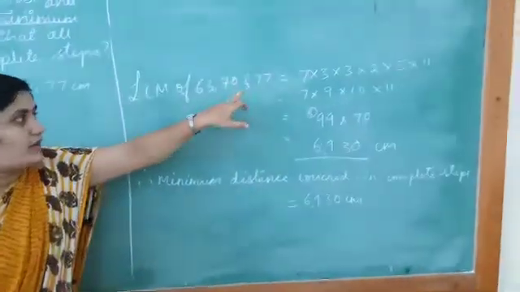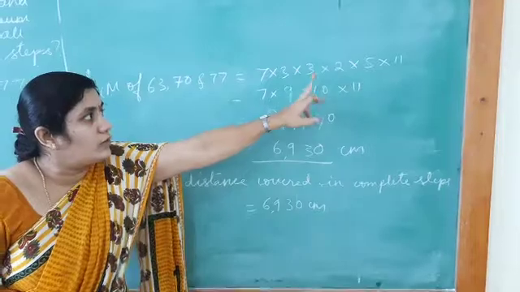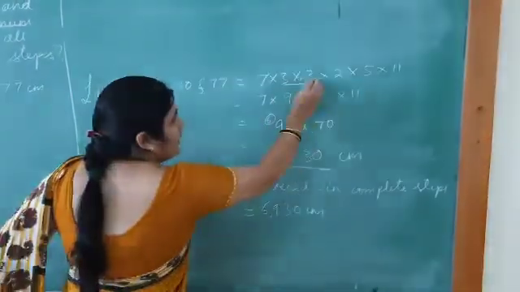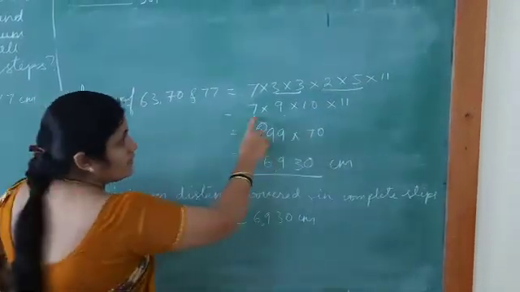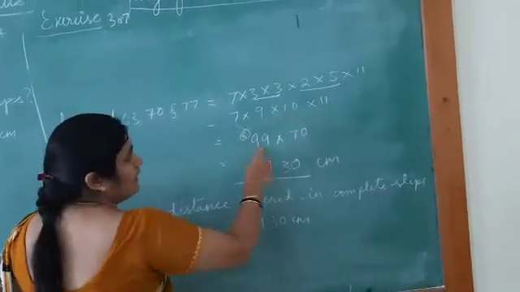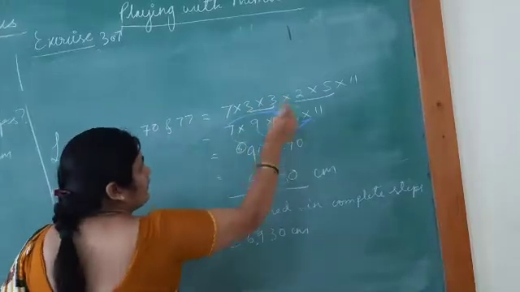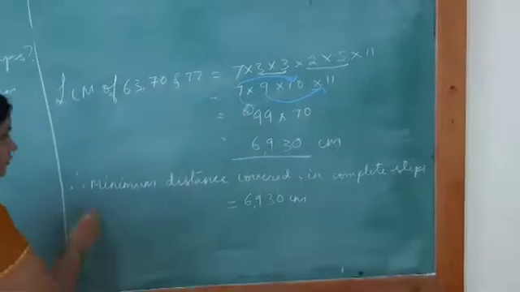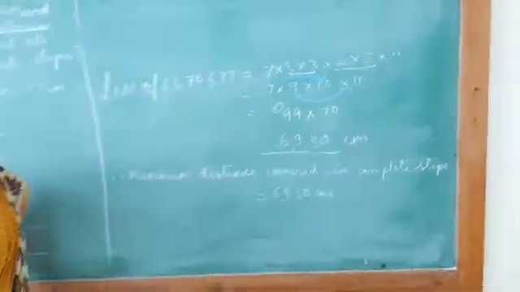LCM of 63, 70 and 77 is the product of all the prime factors: 7 into 3 into 3 into 2 into 5 into 11. 3 into 3 is 9, 2 into 5 is 10. Then you can see 7, which is easier, you can multiply those. 9 into 11 is 99, 7 into 10 is 70, 99 into 70 is 6930 centimeter. Therefore, minimum distance covered in complete steps is 6930 centimeters.